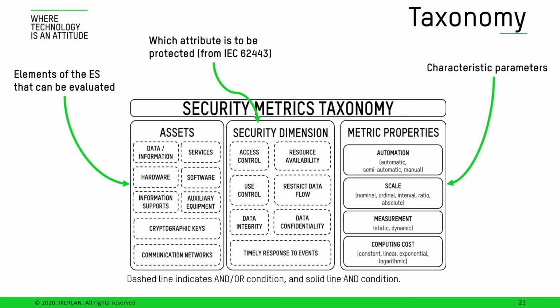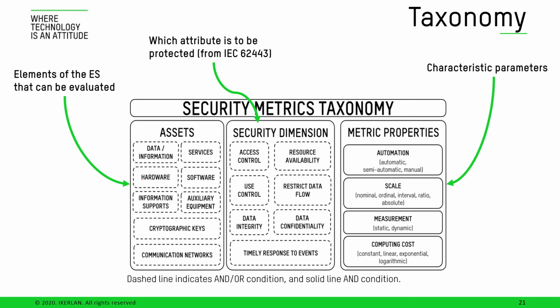And it's really important to notice here that a metric might cover more than one asset and more than one security dimension, but at least one value for each one has to be assigned. This is shown as a dashed line in the figure.